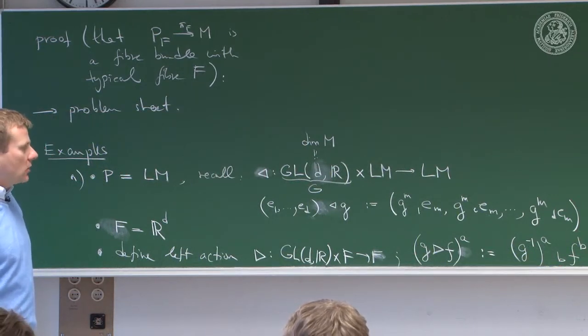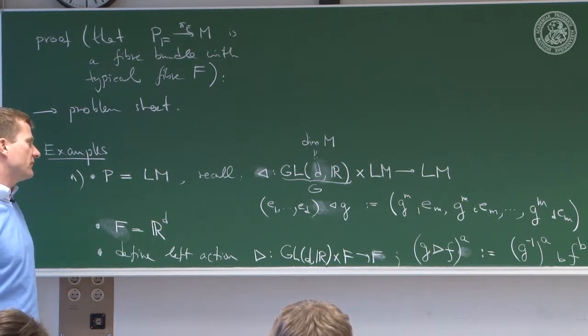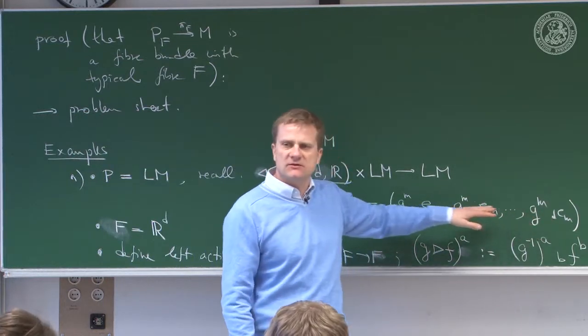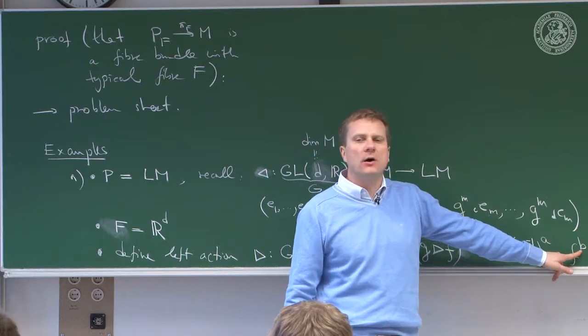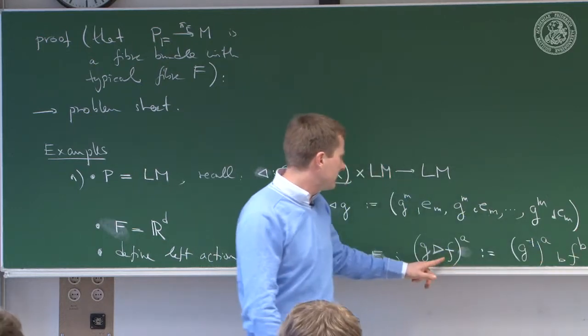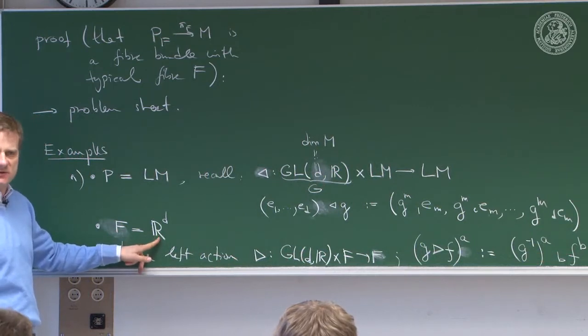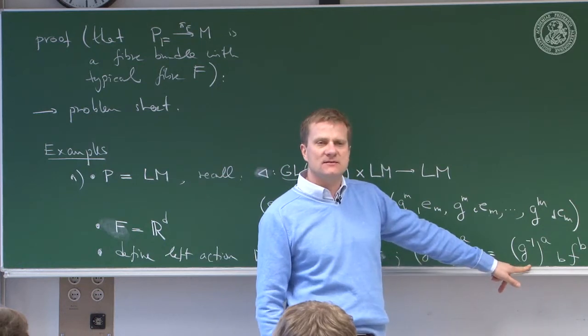So what we're going to model here intuitively is, of course, precisely what we do so often as physicists. We say, if we change the frame by this transformation, then we must change the components of an element in the tangent space.